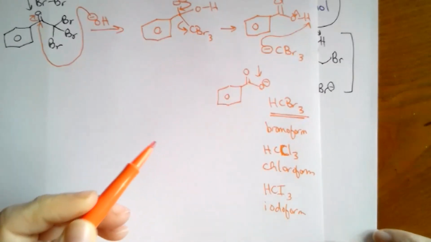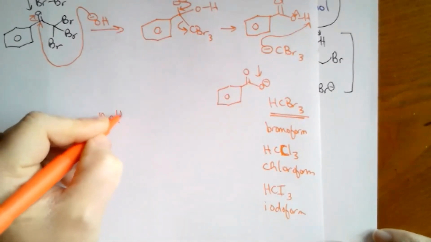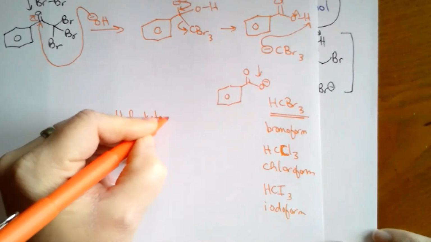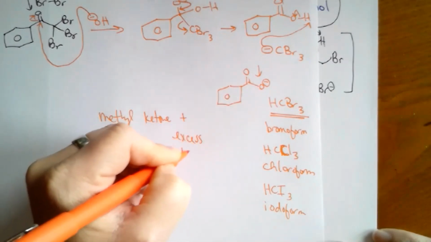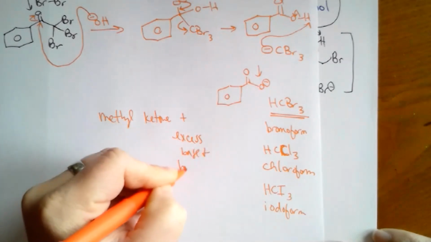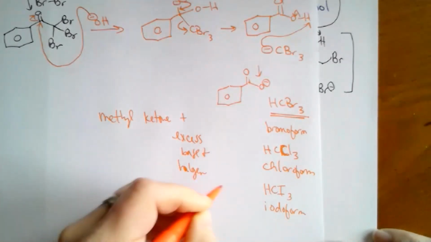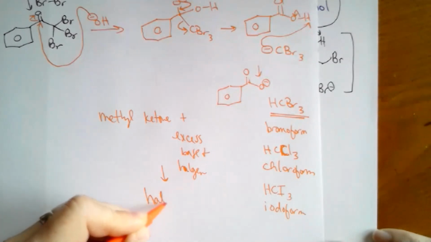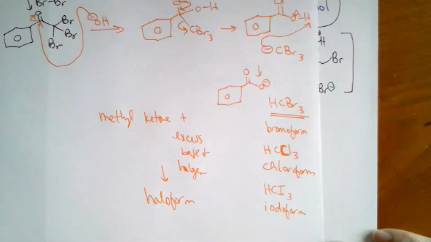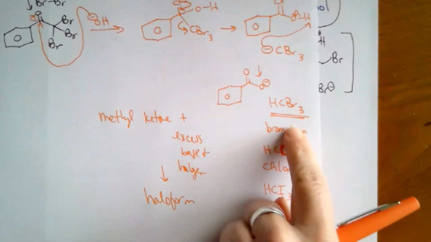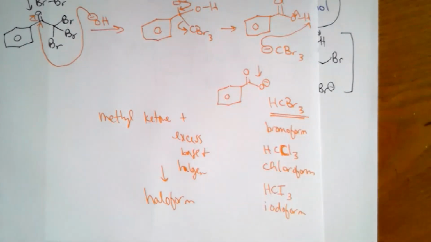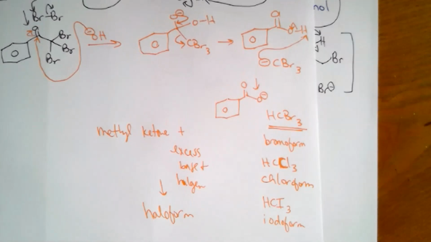So this reaction of a methyl ketone plus excess base and halogen is called the haloform reaction, because one of your side products is a haloform: a chloroform, bromoform, iodoform. Remember, the orange part is exclusive to methyl ketones.